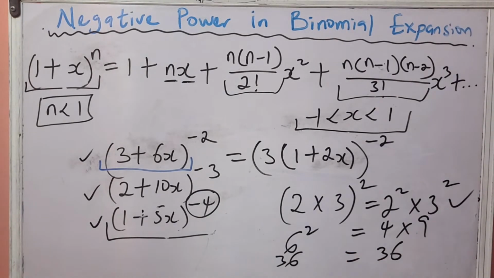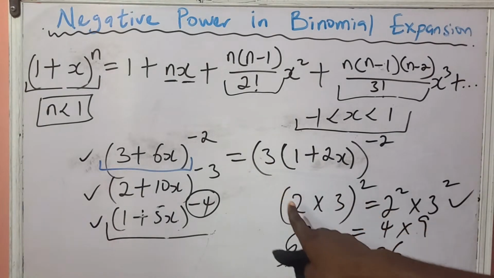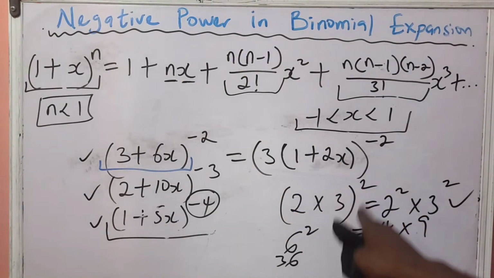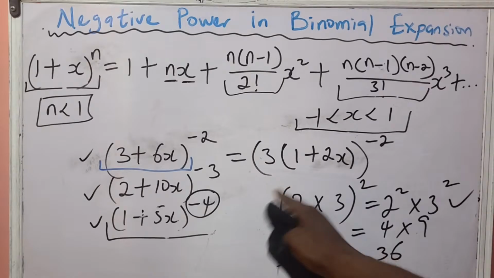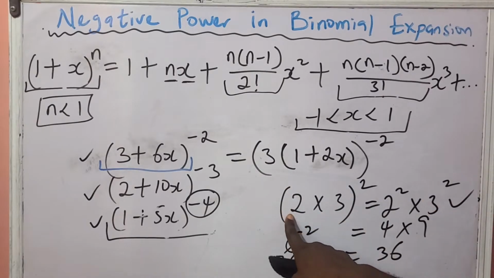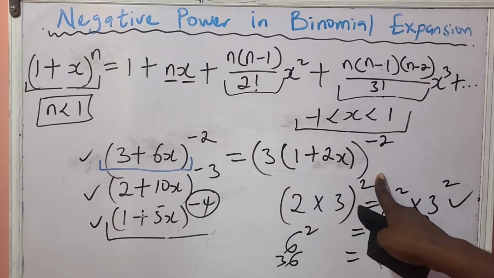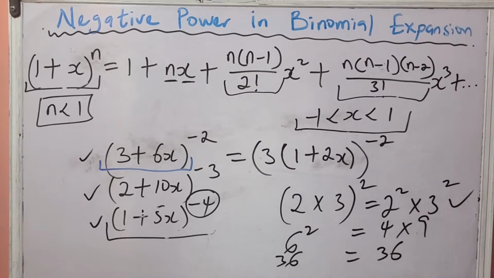So we're going to use this now to respond to what we have here. That means if I can say 2 times 3, everything raised to the power of 2, is the same thing as splitting it up, that means 2 with the power of 2 and 3 with the power of 2. And we have established that that is correct.